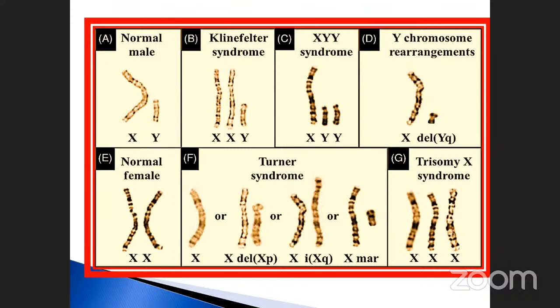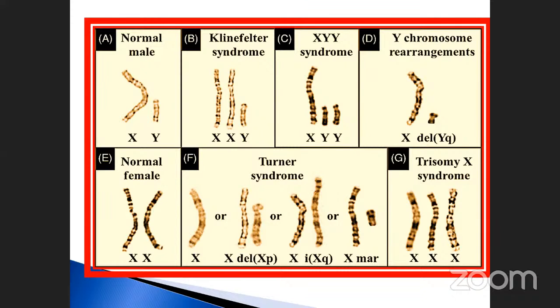This portion. See here, XYY. What is the meaning of XYY? XY is the male, but another Y chromosome is also present, and it is also one of the abnormalities and syndromes. Normal means 46 chromosomes must be present in each and every human being. Suppose any lack or addition, that condition is called ploidy.